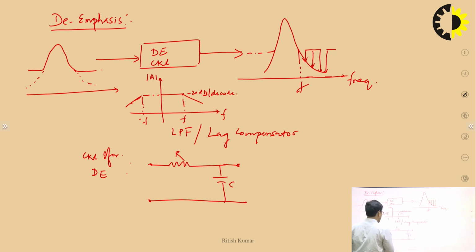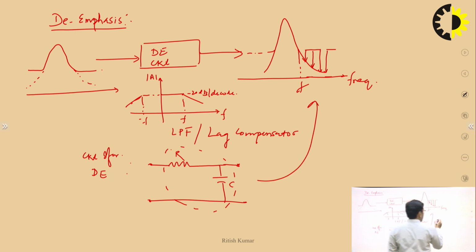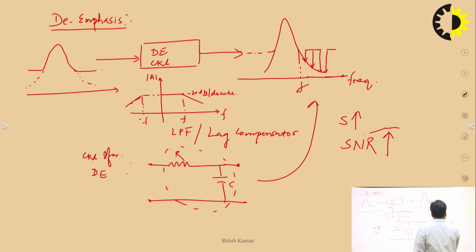If you pass the signal through this system, you will get a response like this. So at last we can say that you are increasing the signal strength with the help of the pre-emphasis process. That's why you will have the improved SNR. That is our aim, to have the improved SNR, so that we can reproduce or reconstruct the signal at the receiver side properly.